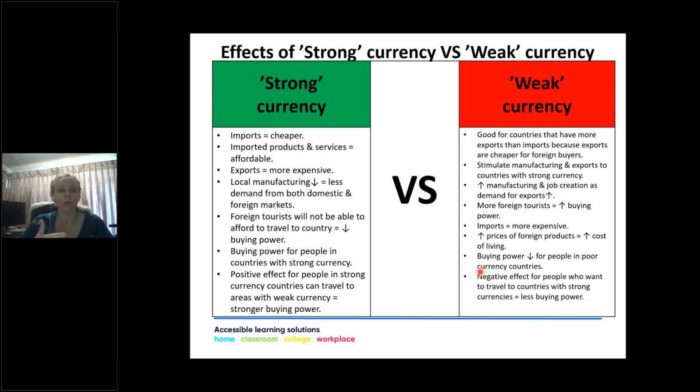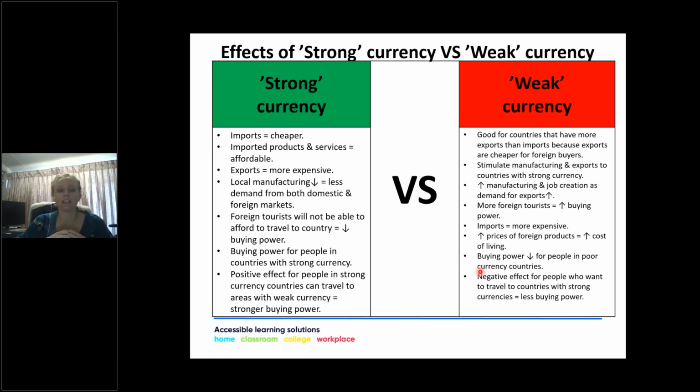Your exports are more expensive because you can put a little bit higher price on your exports. Local manufacturing lowers a bit because there's less demand from both domestic and foreign markets. Foreign tourists will not be able to afford to travel to this country because they have a lower buying power.